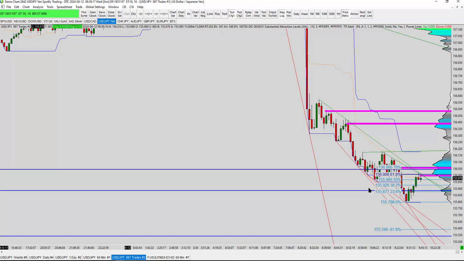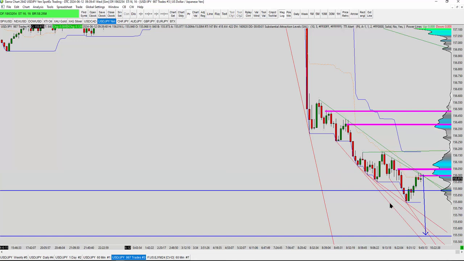Now, the good thing about the short is that we validated that with a small chart, the 987 tick chart. We validated that with a few things. Let me remove these lines so you understand them. I use Fibonacci's tremendously.